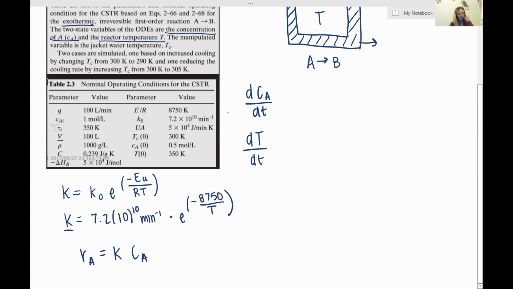Luckily, we are given this UA over here, and that's going to be the overall heat transfer coefficient multiplied by the area.